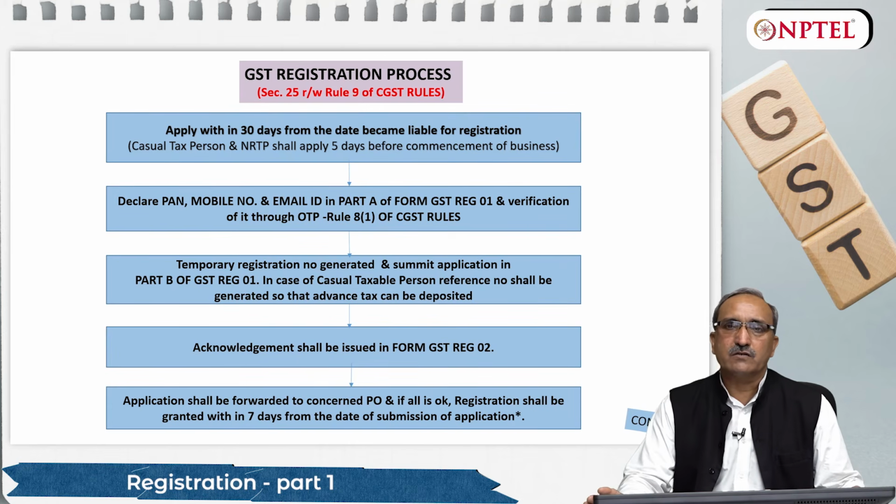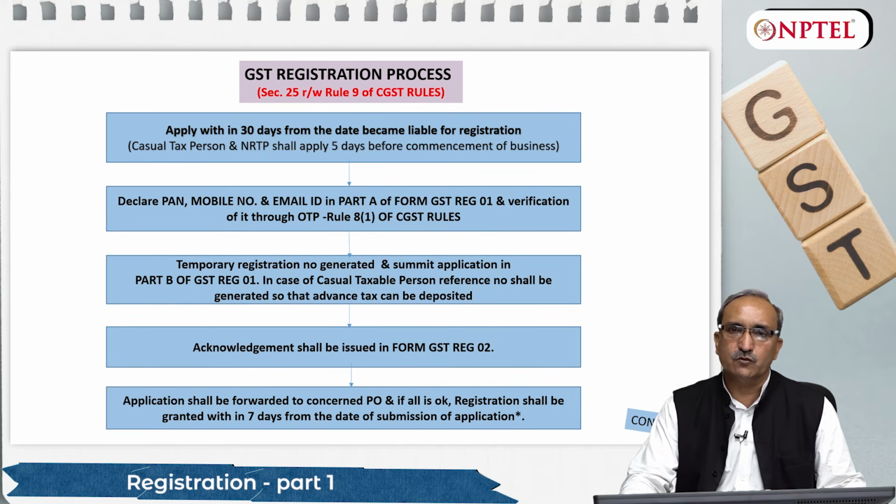After depositing that amount, GST authorities will sanction a GST number, which is the casual taxable person number, in that particular state for that particular exhibition. And once this number is allotted to you, you can make sales of your products at exhibitions. When the exhibition is over, you are supposed to approach the tax authorities, show them the stock you brought to the exhibition, how much is sold, what balance is with you, and what your actual tax liability is.